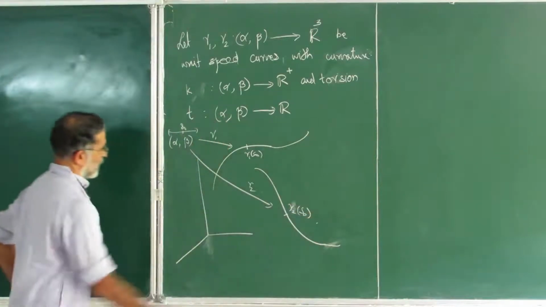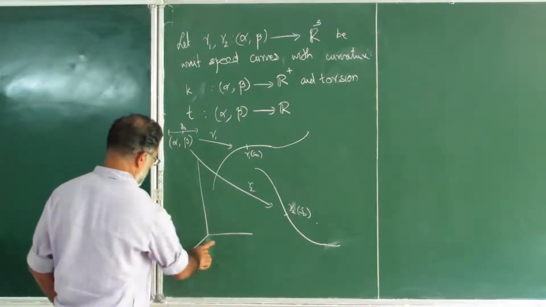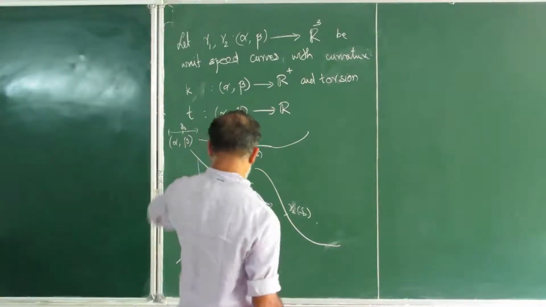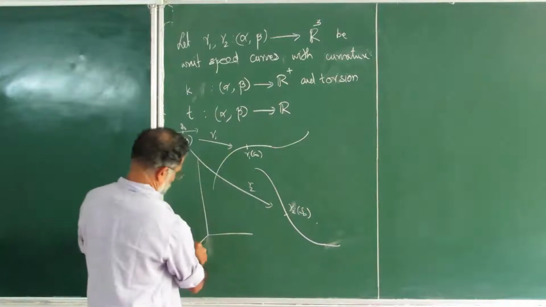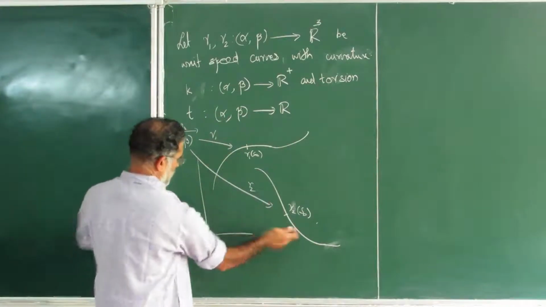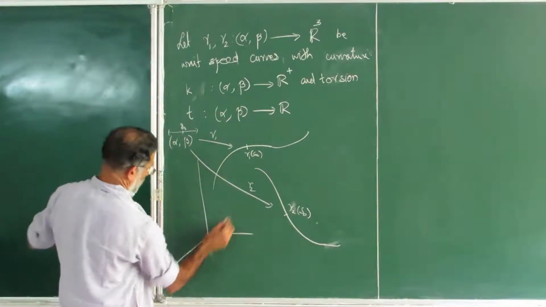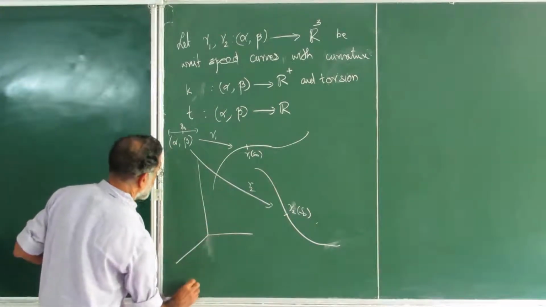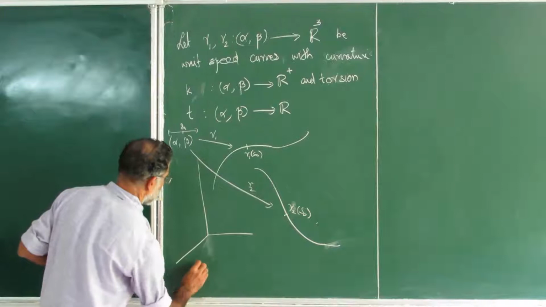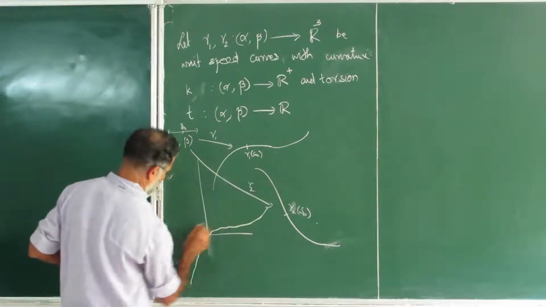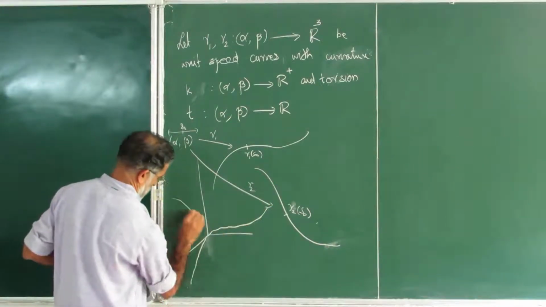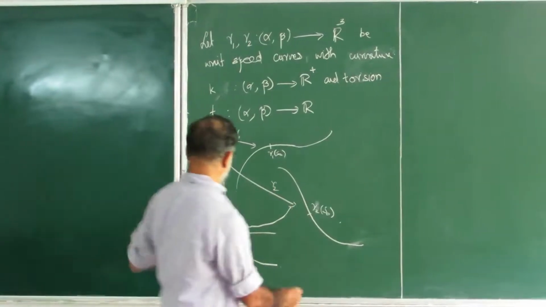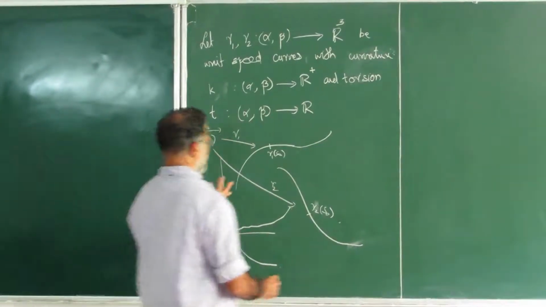So let us bring it here. We will push this here, so it will come to the origin like this, and this will come like this. What is that going to be? It's very simple.